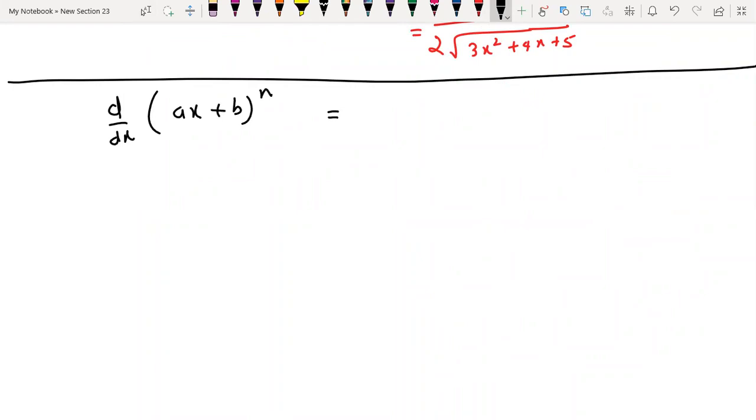Yes, sir. What will we assume as t? ax plus b. Replace this as t, this becomes d by dx of t to the power n. You continue from here, solve this till the last step.